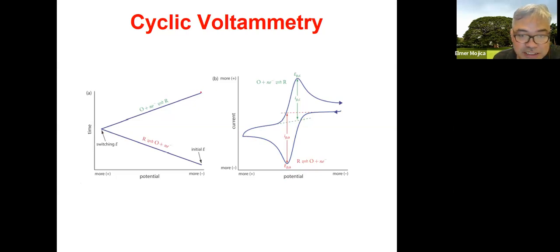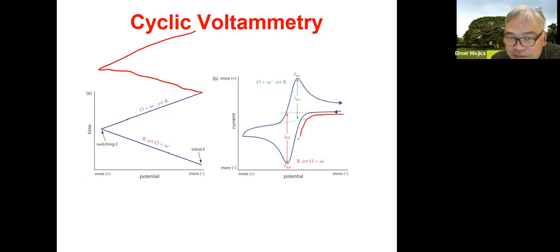Now, if you repeat this again, what do you think happens here? You're going to have another voltammogram that is similar to the initial one. This one triangle that you have is one cycle.